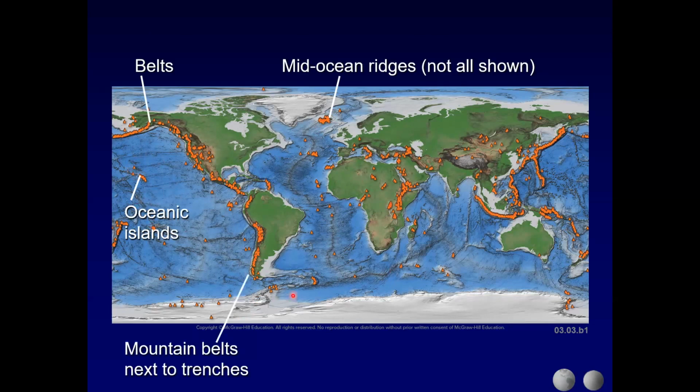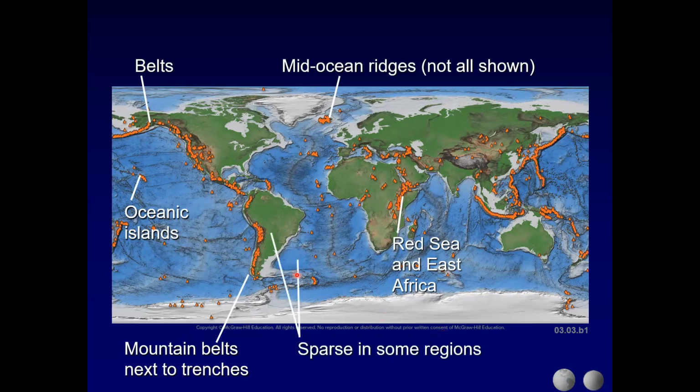That would be Hawaii. We see them in mountain belts next to trenches, and the Red Sea in East Africa. And again, they're sparse in some regions. We see them a lot in these island arcs next to trenches as well.